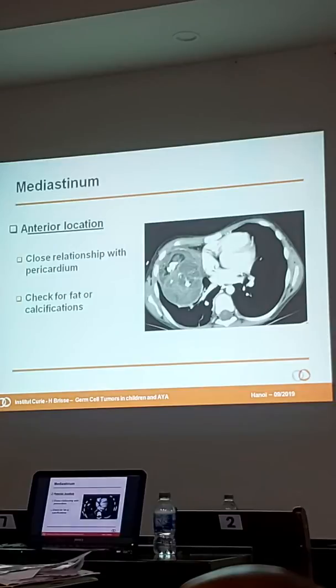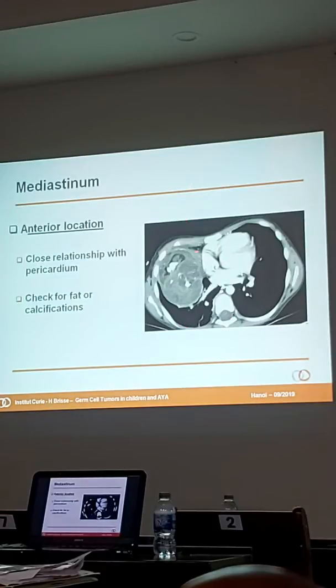In the mediastinum, this is the same radiological pattern. Cystic areas, bones, fat. So when you see that, you know it's a germ cell tumor. You know it contains teratoma. You don't know if it contains more than this. If it occurs in a very young child, frequently it's a pure teratoma.